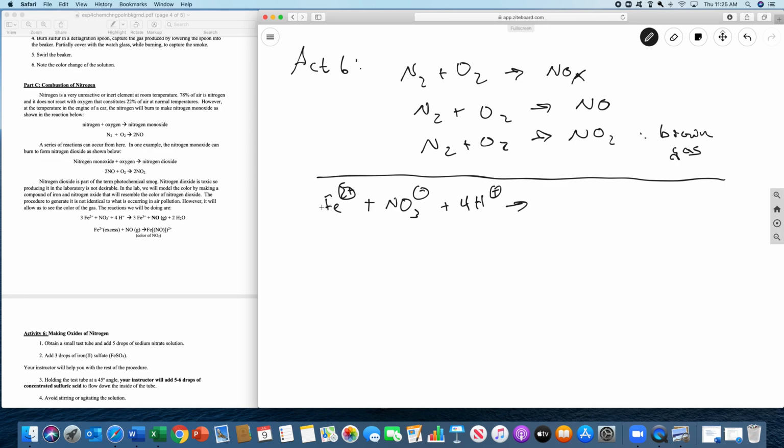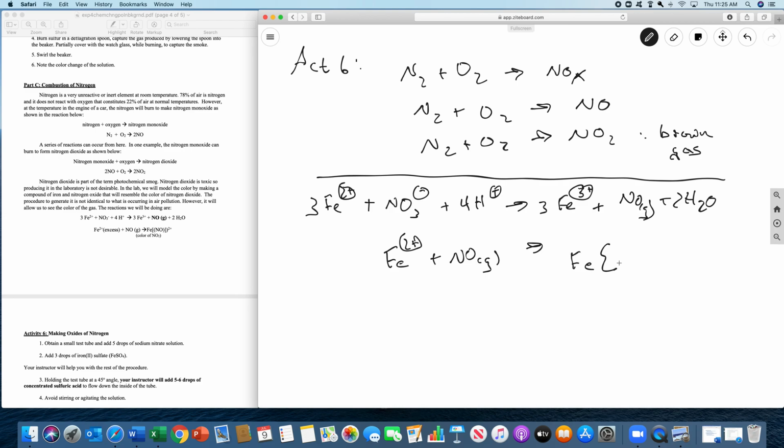It's going to give me plus NO plus H2O. But then what happens is at the excess, this plus the NO gas is going to give me something that has the color.